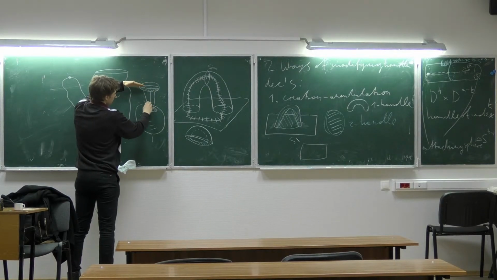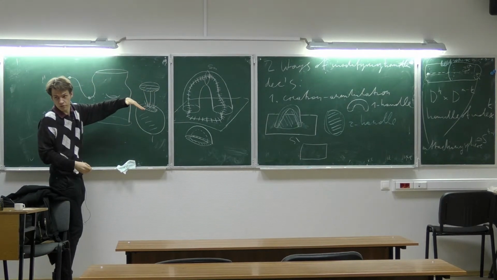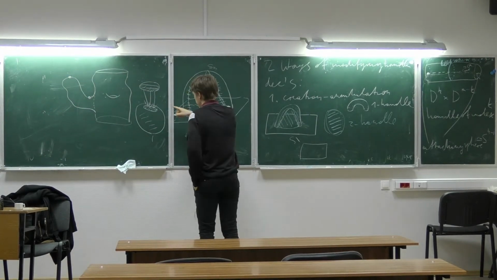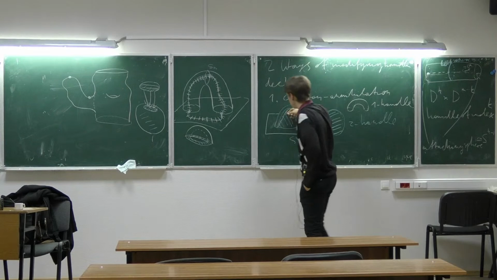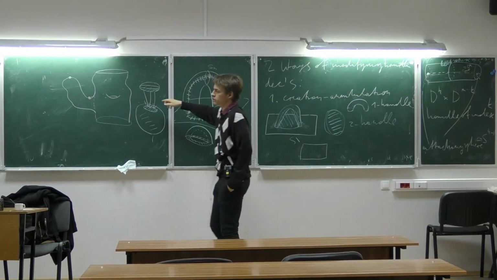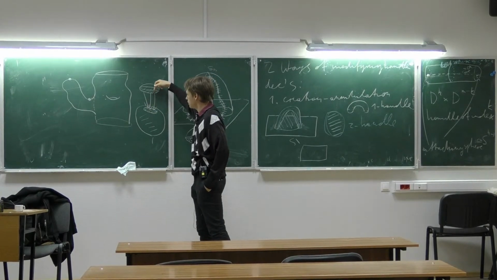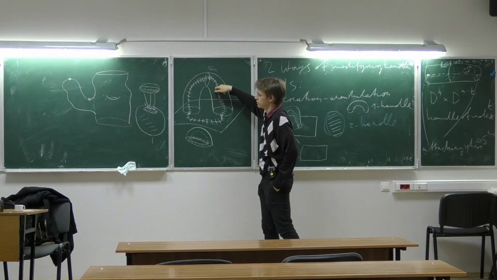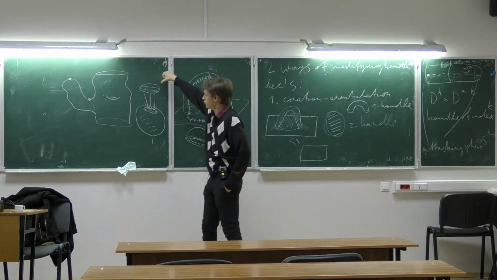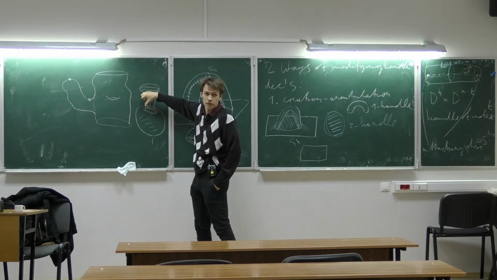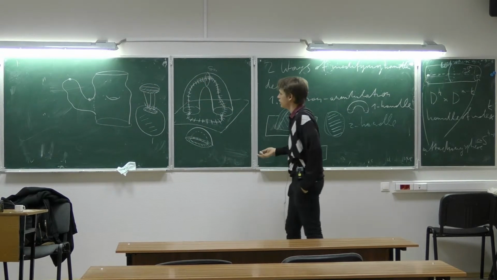And this attachment does nothing to the ball. So here I want to show that combining these two handles gives you such an attachment. At least I want to decompose gluing this handle and gluing this handle into pressing two discs inside the ball. Yeah? So how to do it?